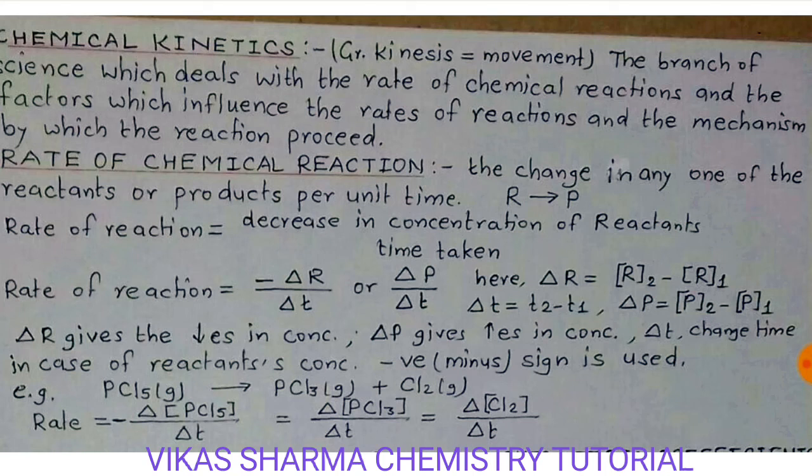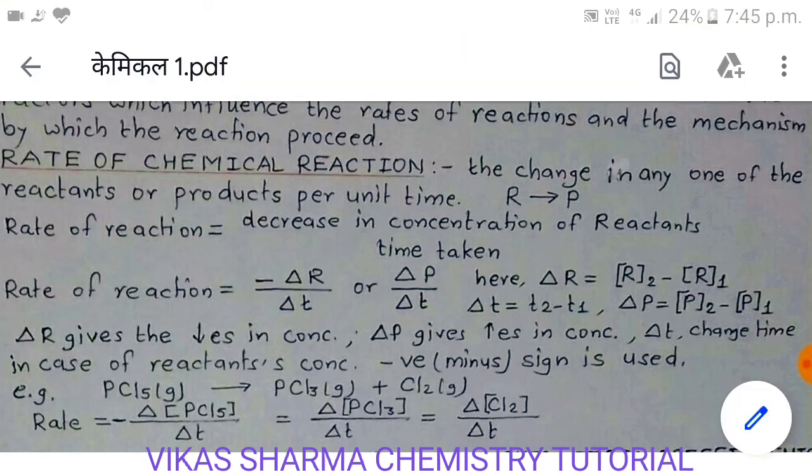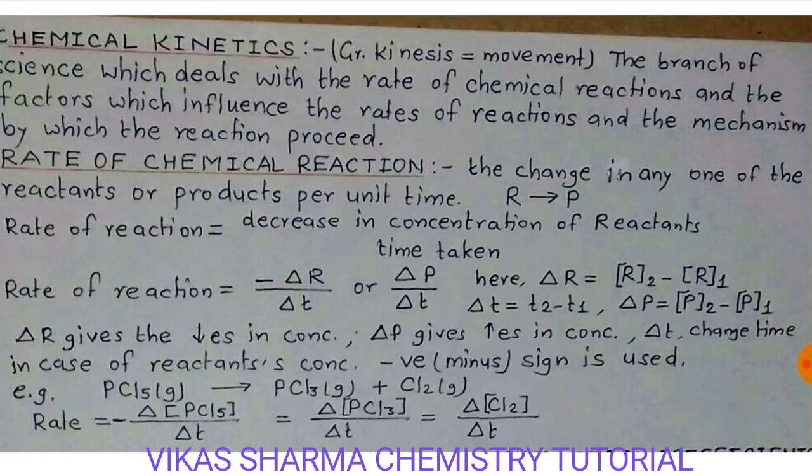So the rate is equal to, for example, if we show it by a chemical reaction, which you can see in the display, PCl5, phosphorus pentachloride in gaseous form, converts into phosphorus trichloride PCl3 and chlorine gas. So one reactant undergoes conversion into two products.